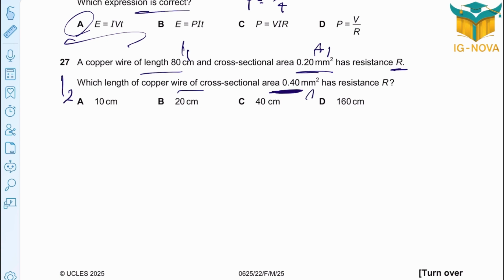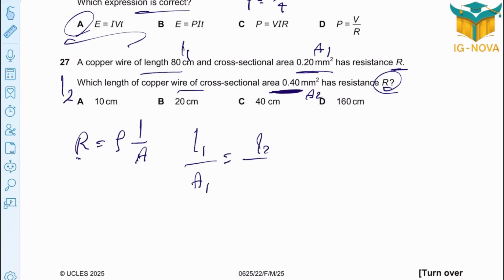So A1 and A2 have the same resistance R. For the relation between two variables, I'll use the ratio method. Remember the rule first, R equals rho L over A. So for the same R, L1 over A1 equals L2 over A2.